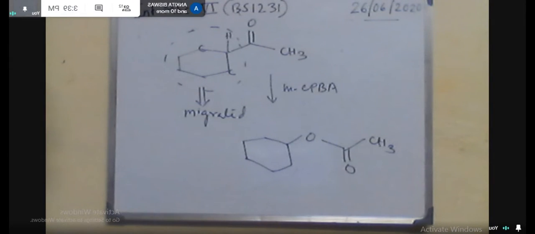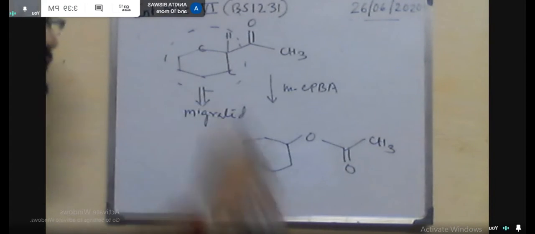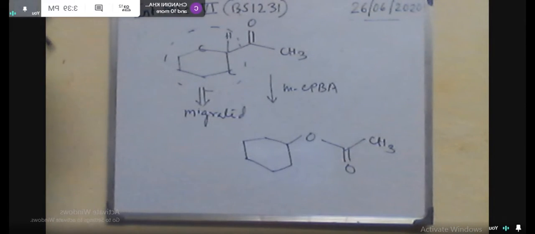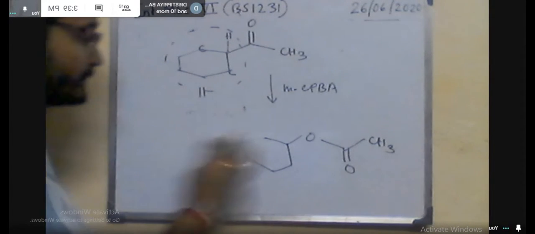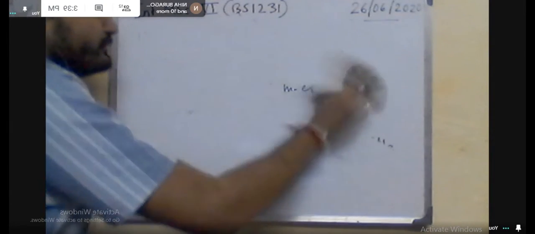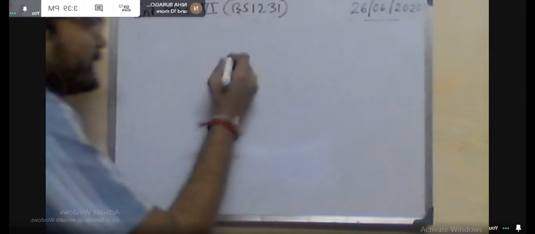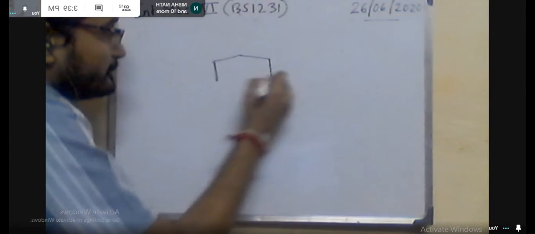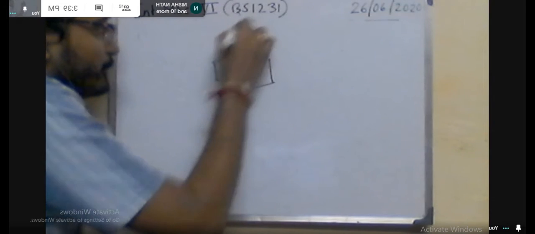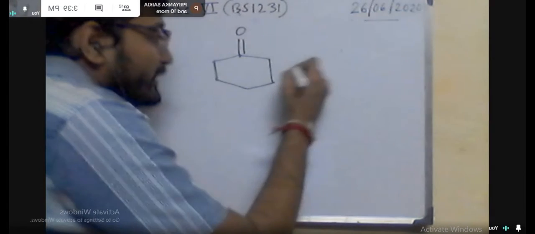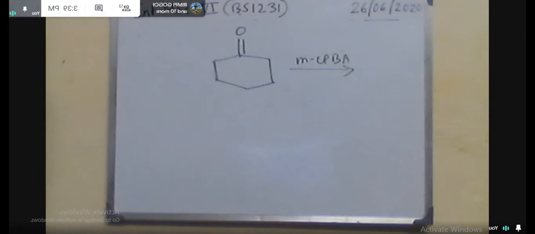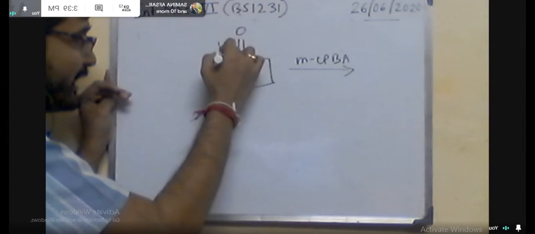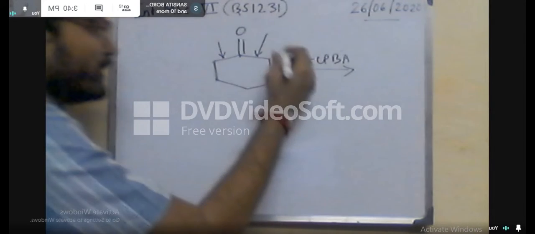That means we always deal with either this carbon or this carbon. So whatever the structure will be, we can isolate it. That means we are mainly concerned about this position. So we can isolate it this way, and here you can see this carbon contains 2 hydrogen and another carbon, and similarly this carbon contains 2 hydrogen and another carbon. So the substituent on both carbons is the same. So this is a symmetrical ketone, so either one of the bonds can be migrated.